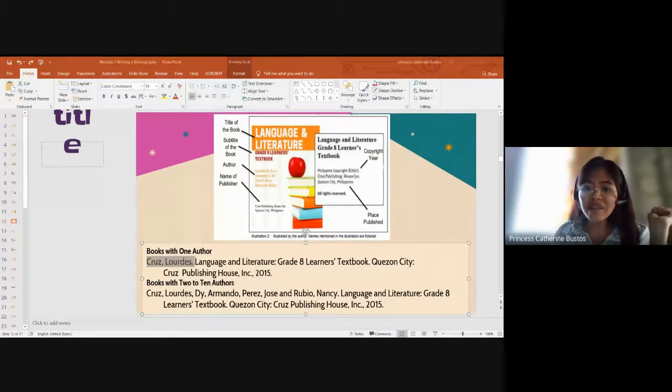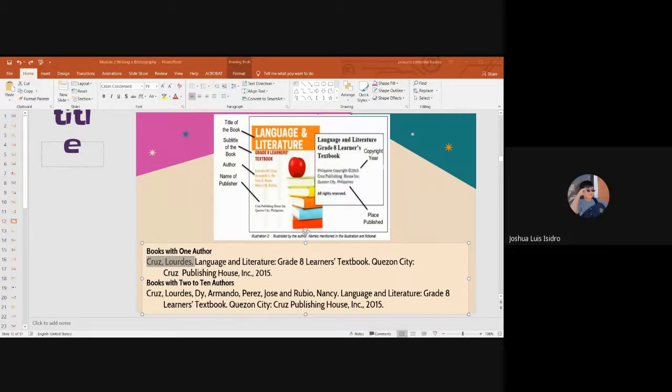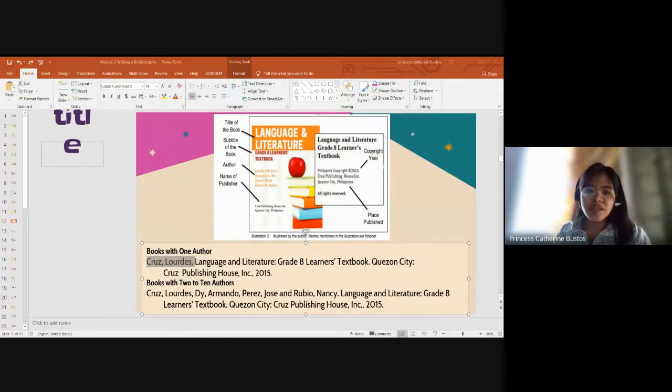And lastly, do we have a copyright year? Yes. When is the copyright? Okay, very good. 2015. So as you notice here, they did not write the middle initial anymore. So they start with the last name, comma, first name, period.